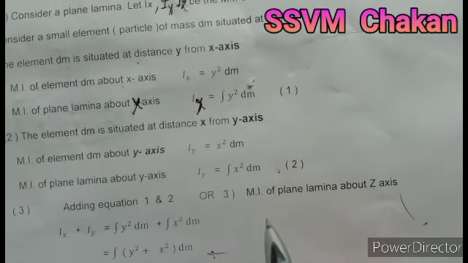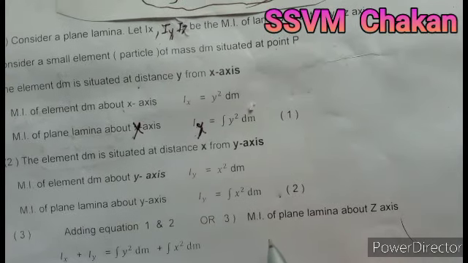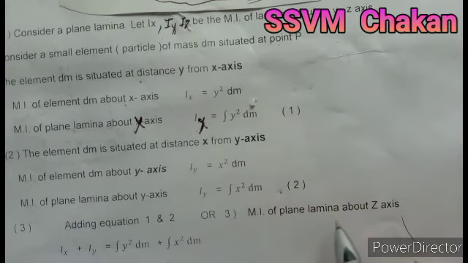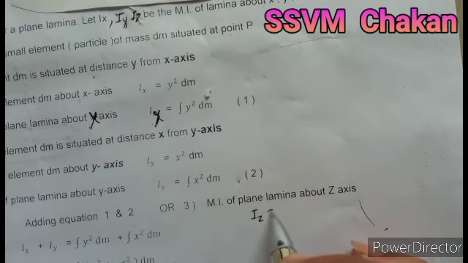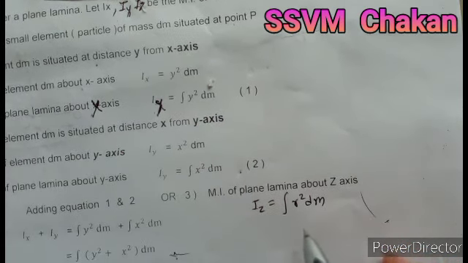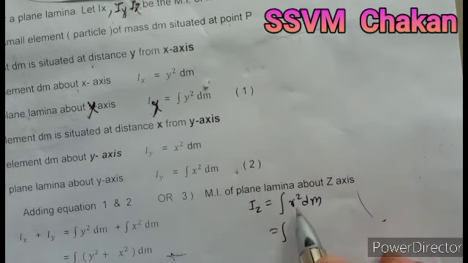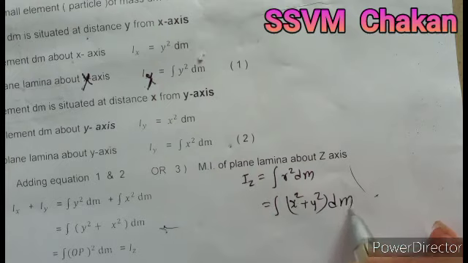You may write it another way. First we write the moment of inertia of the lamina about the z-axis, Iz. That Iz is equal to integration r square dm. From the figure, using Pythagoras, r square is nothing but x square plus y square into dm.